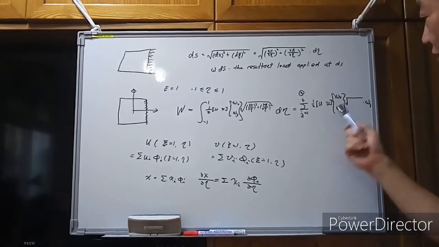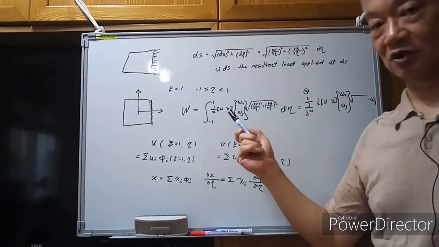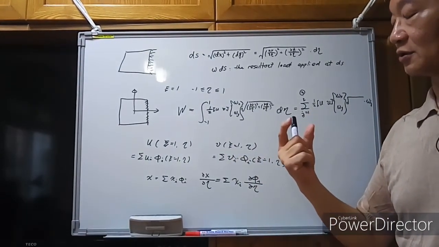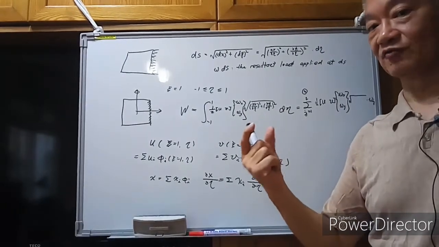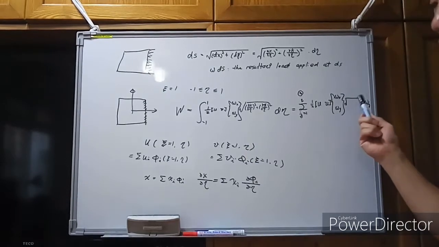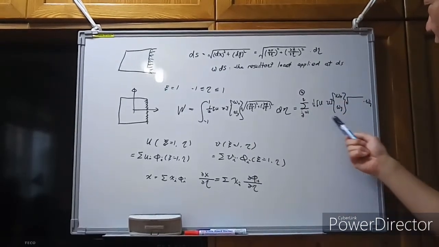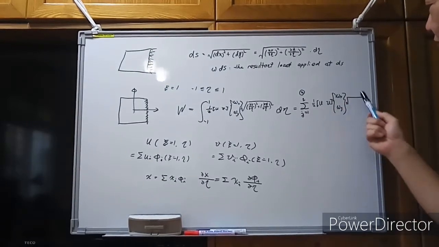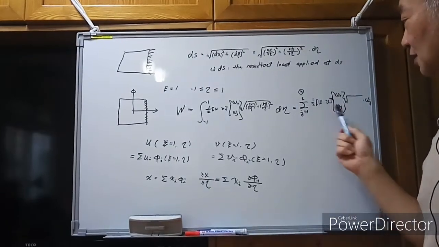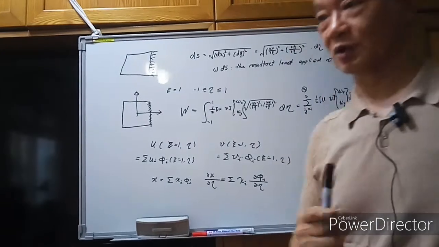So for these two terms, they are still functions of the eta. So we need to replace the corresponding eta values for the integration points to calculate this term. Okay, so for this part, they are the function values at the integration points. That's the part you need to calculate for your homework problems.